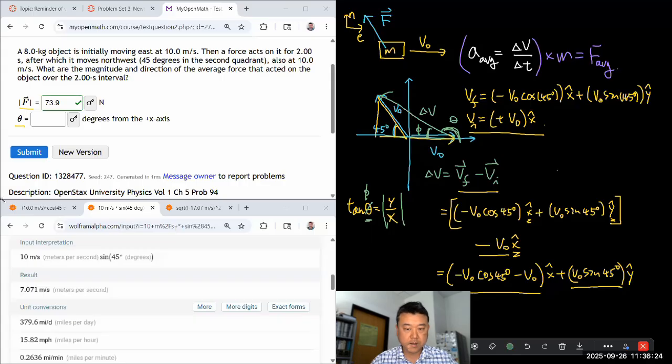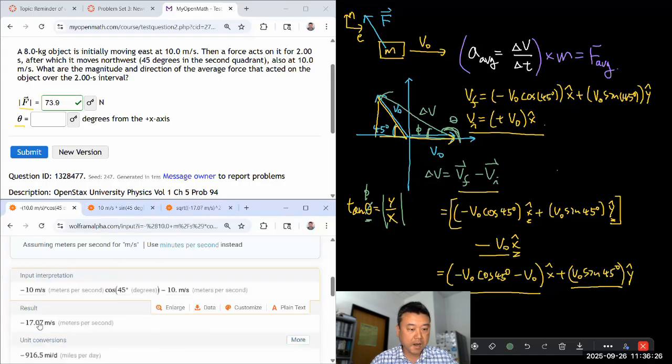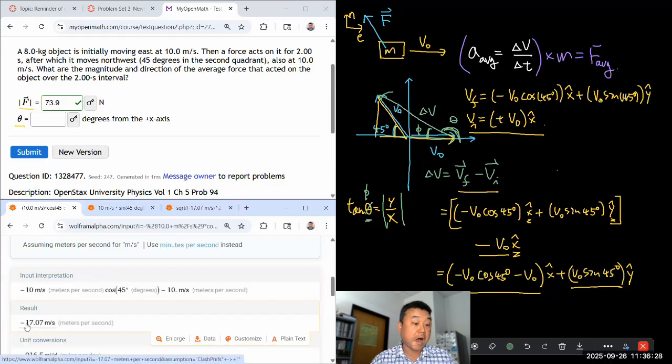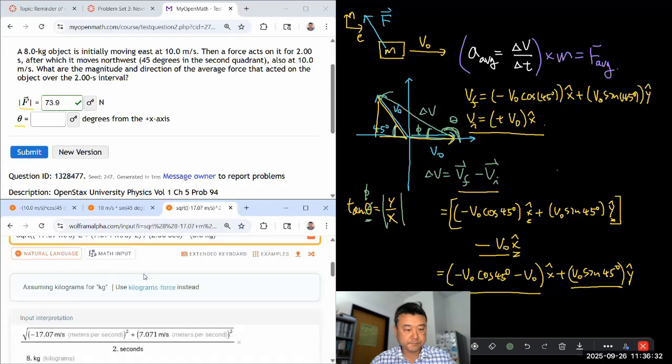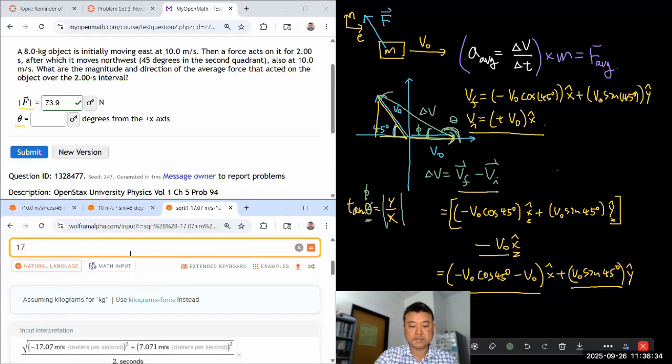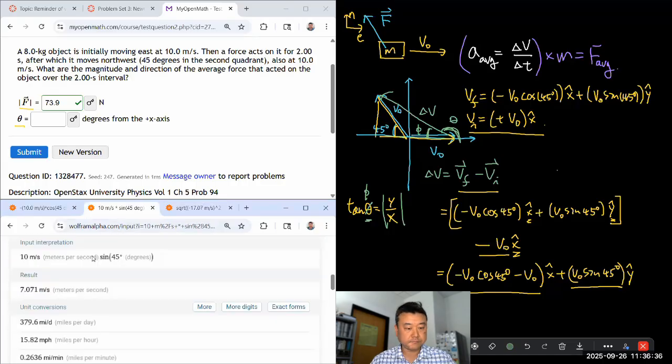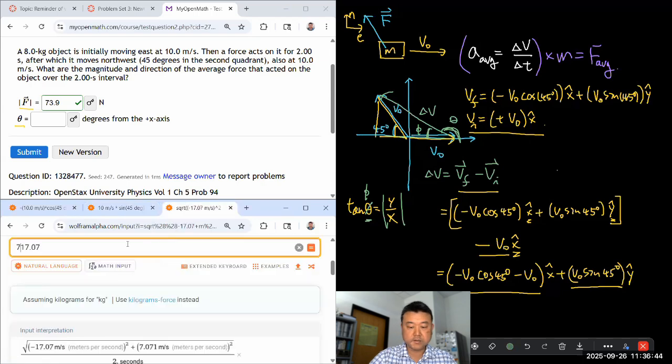Let me do it this way. I'm just going to copy over the positive version of the number, 17.07. That's x, so that will go in the denominator. 7.071 will go in the numerator.